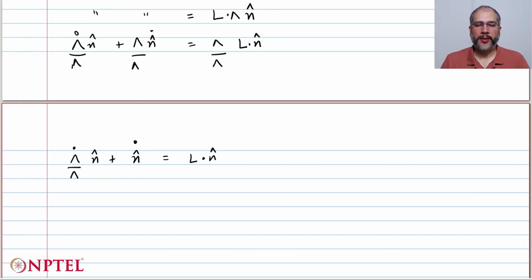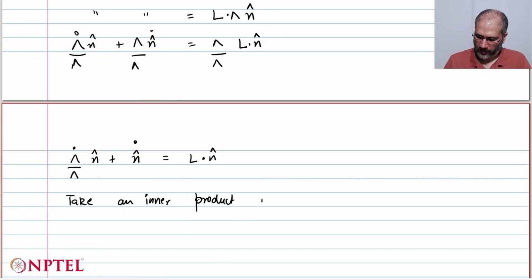So please remember that we are trying to do some interpretation of the different terms of L or D. Now we'll take an inner product with n hat on both sides.